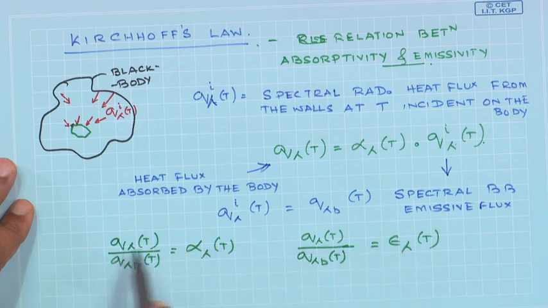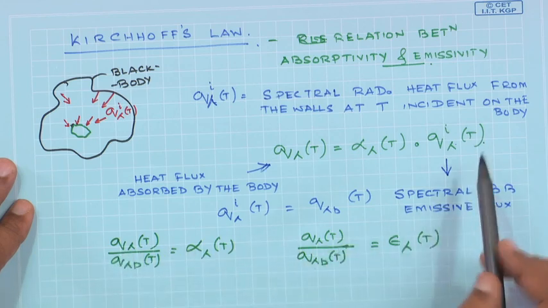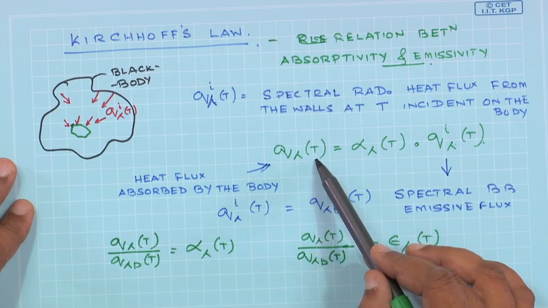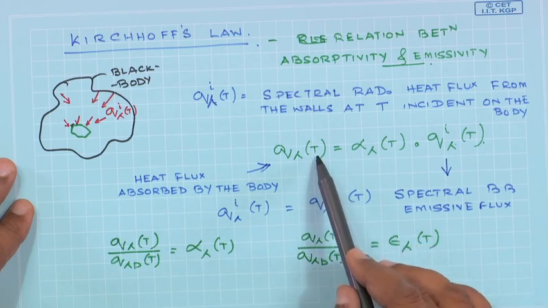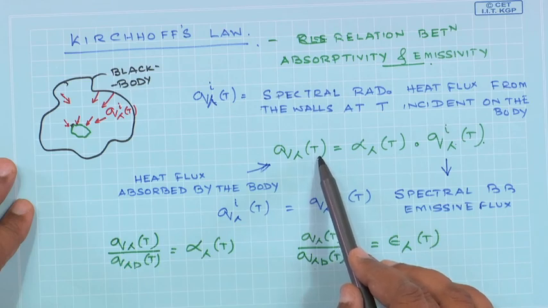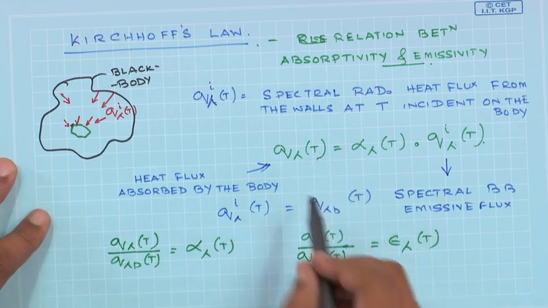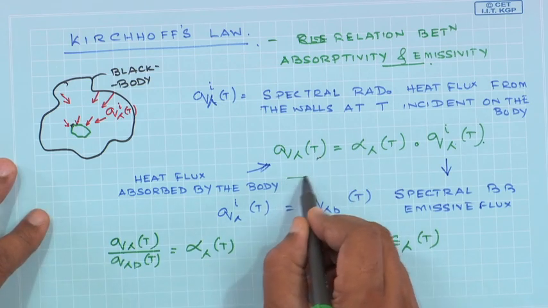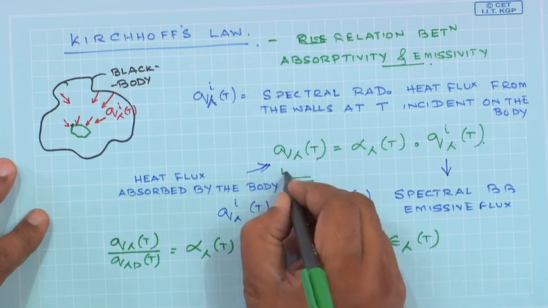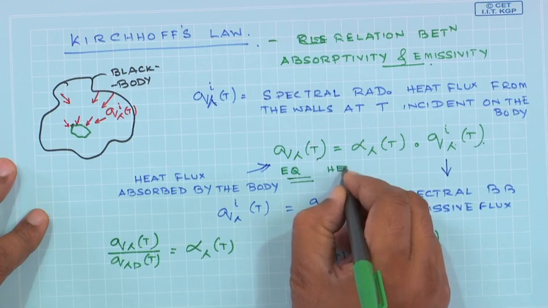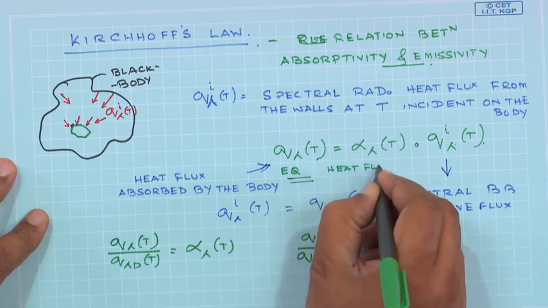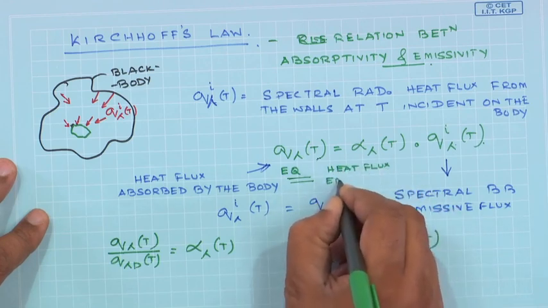So, if you look at these two now, since q lambda t is equal to the amount of heat flux absorbed by the body, and to maintain thermal equilibrium, it is also the amount of energy emitted by the body. So, in order to maintain equilibrium, this must be equal to the heat flux emitted by the body.